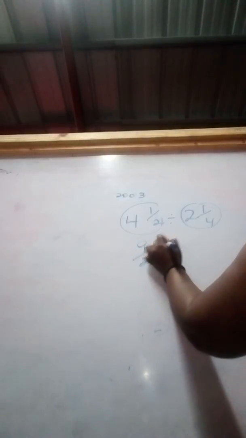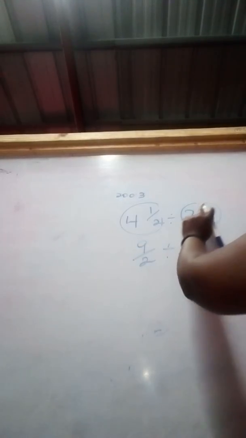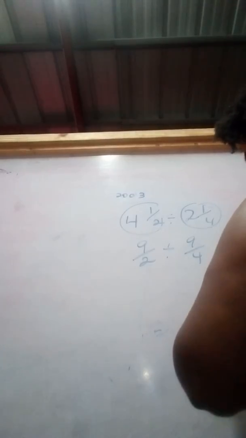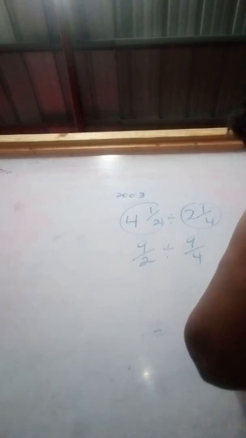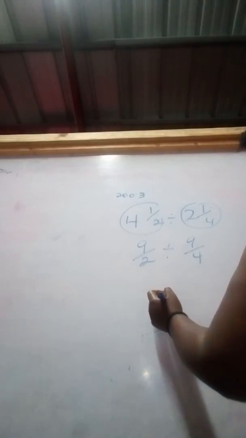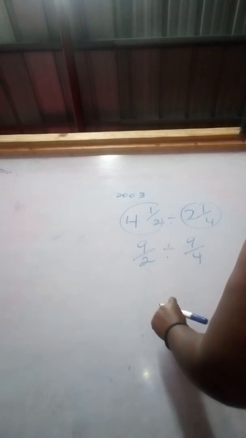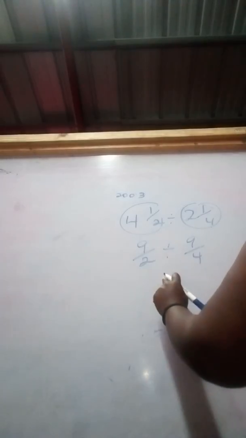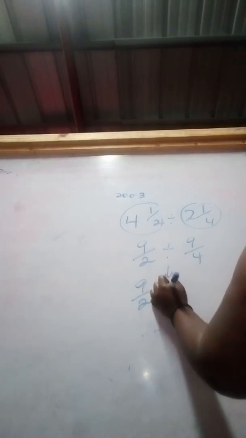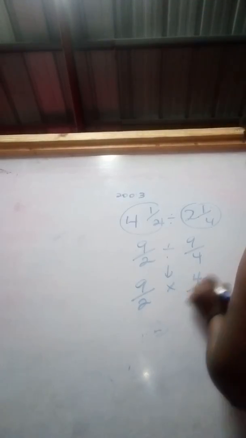We have 9 over 2 divided by 4 4s are 16... wait, 2 4s are 8. 8 add 1 is 9 over 4. Right? We're going to change the division sign to multiplication, and we're going to flip the fraction.